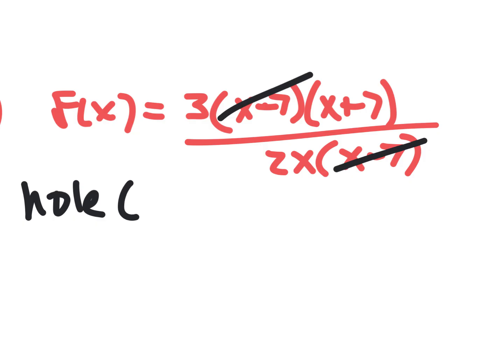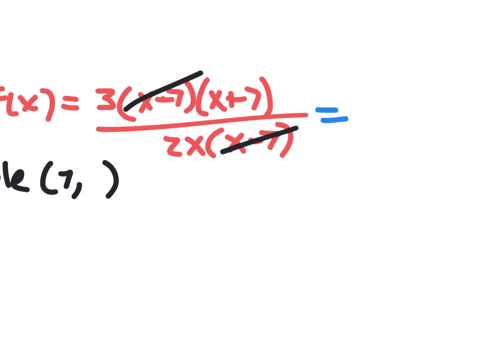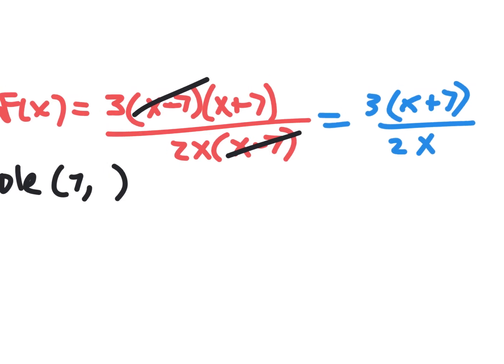And a hole is at 7 comma, well, it's going to take a minute. You got to go back and put 7 in the remaining function. So let me show you how to write that. After that thing canceled, the remaining function looks like this. All right. So the hole is at 7 comma, well, I'm going to put the 7 in here and here.